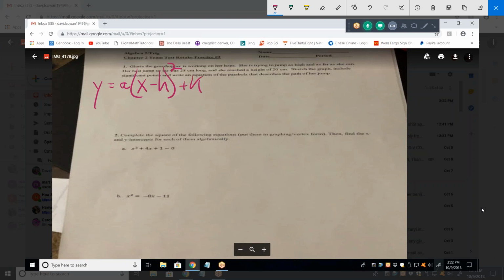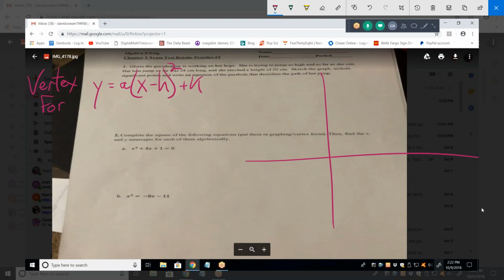That is the vertex format of a quadratic. Now, there's like 3 different formats, but the reason vertex format is so great is that it tells you exactly where the vertex is.